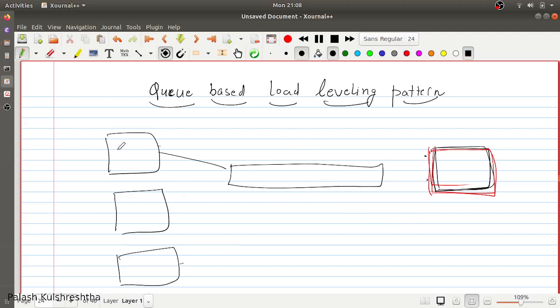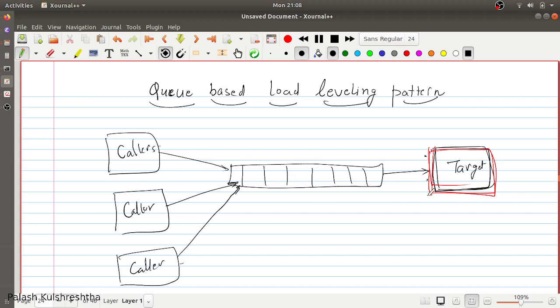All the producers or all the callers are sending their requests in the queue, and this queue is acting as a buffering system or a load leveling system, so that the consumer, or basically the target, is reading these requests from the queue at its own pace.